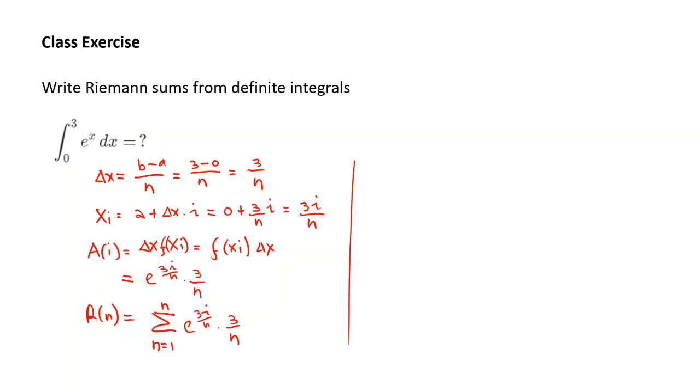So the integral from 0 to 3 of e to the x dx equals the limit as n approaching infinity of Rn, where Rn is the sigma from i equal to 1 until n of e to the 3i over n times 3 over n.